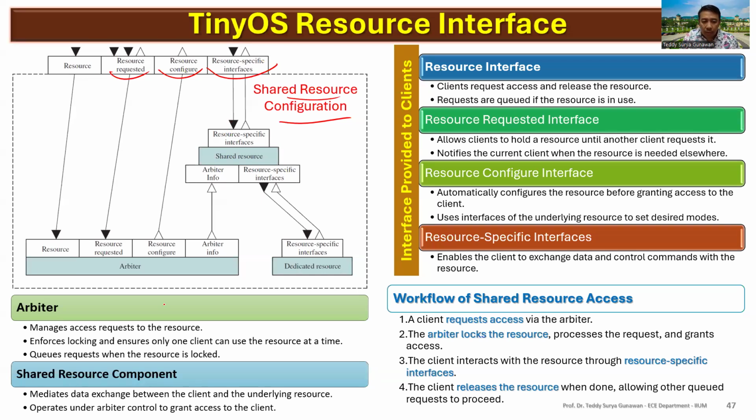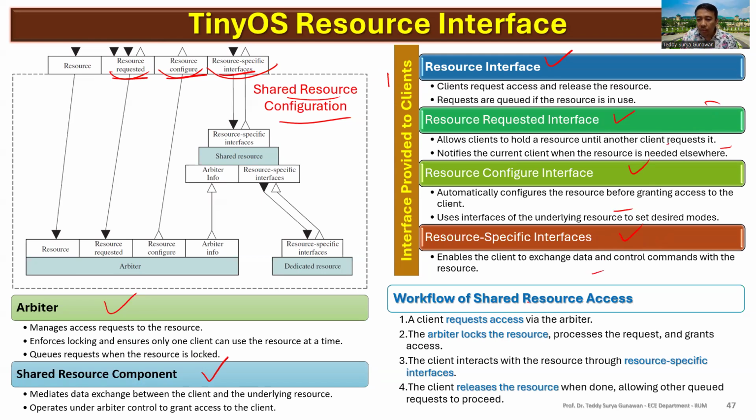We have the arbiter and shared resource components, and the interface provided to clients is the Resource interface. Here is the ResourceRequested interface, the ResourceConfigure interface, and the resource-specific interface, with all the functions defined here.